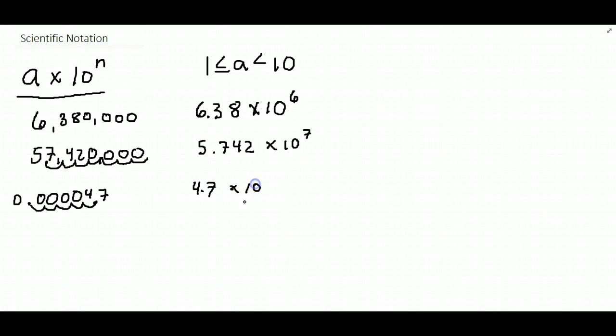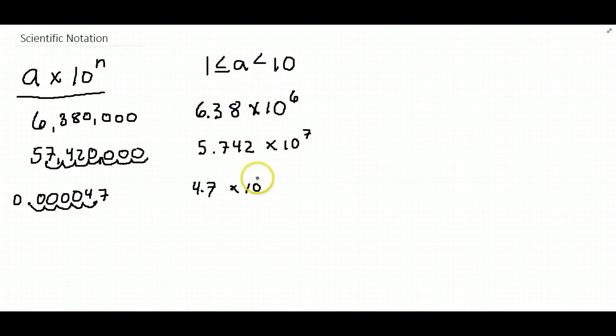But what power of 10 do we need to multiply it by to get there? Because 4.7 is much bigger than 0.000047. So we have to move it over 1, 2, 3, 4, 5. But we're moving it to the right, so we're making it bigger, which means we have a negative exponent.